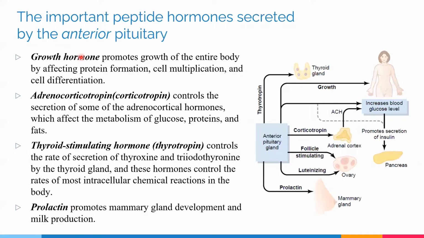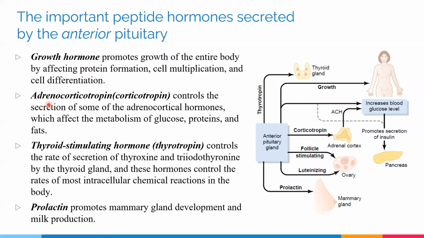Next, we will look into the important peptide hormones secreted by the anterior pituitary. These include growth hormone, which promotes growth of the entire body by affecting protein formation, cell multiplication, and cell differentiation.